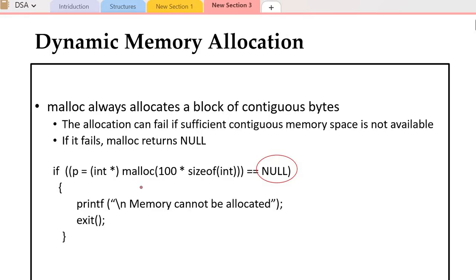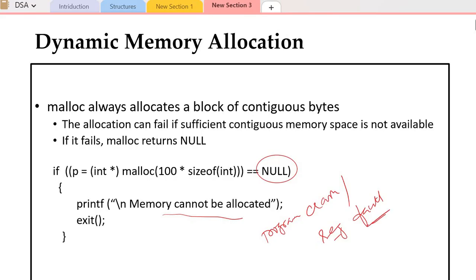If it is NULL, it prints that memory cannot be allocated, or that the memory allocation failed. Every good programmer checks whether the memory allocation was successful. What happens if we access NULL? The program will crash with a segmentation fault.